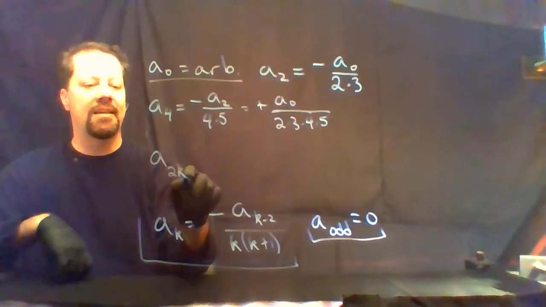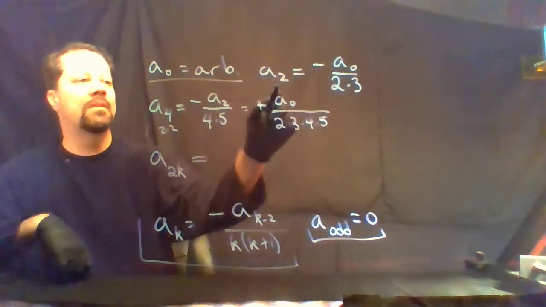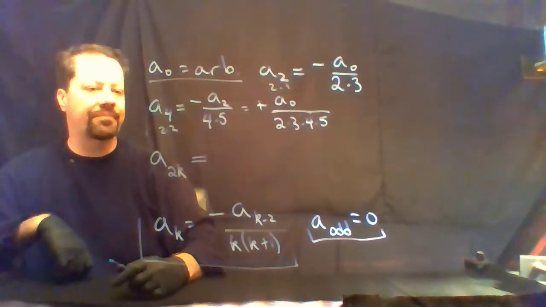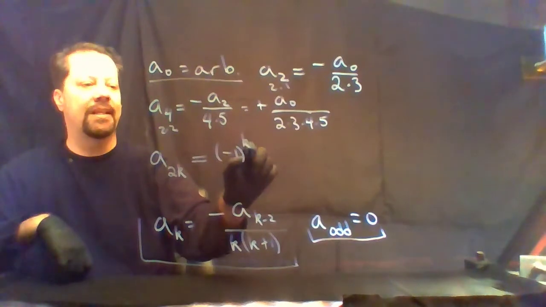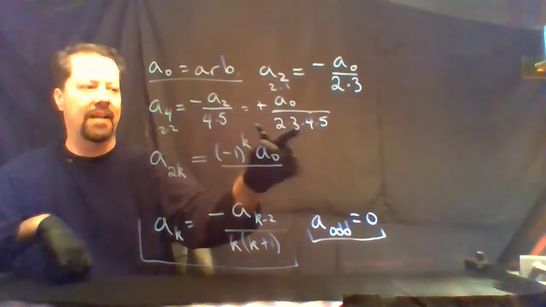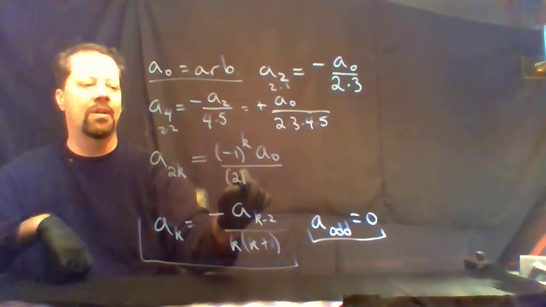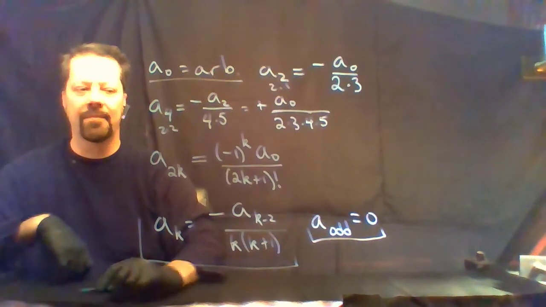What does a sub 2k look like? This is 2 times 2. This is 2 times 1. I think you can see that what you're going to get is negative 1 to the k a naught divided by, if this is 4, we had 5 factorial, it's going to be 2k plus 1 factorial.